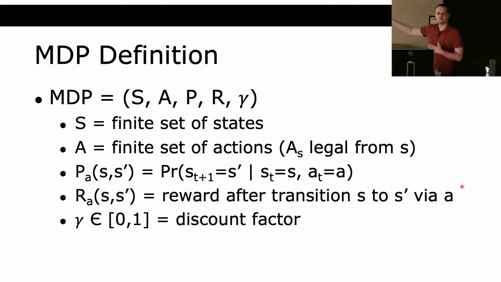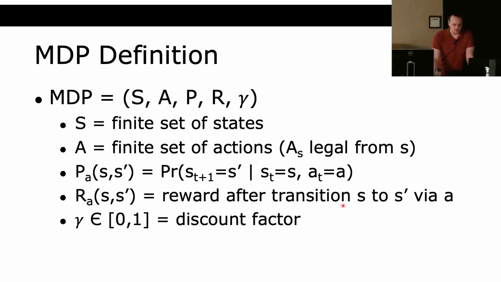But to be fully complete, what you actually get the reward from is not just from doing an action, but which state you actually end up in. So again, in that blackjack example, I was at a given state and I took an action. The reward that I get is also dependent on whether I won or not. Did I end up in the winning state or a losing state or a drawing state? So the reward depends on that.